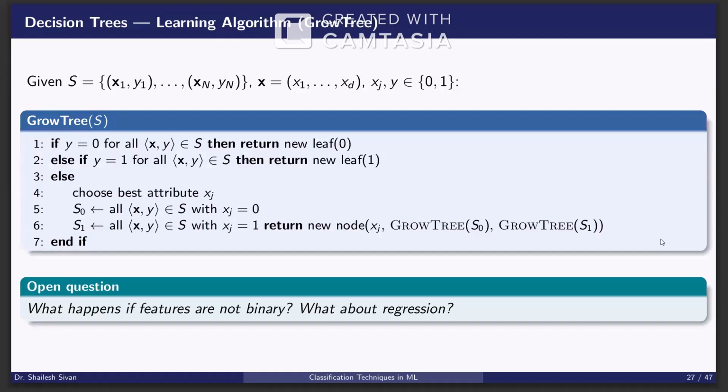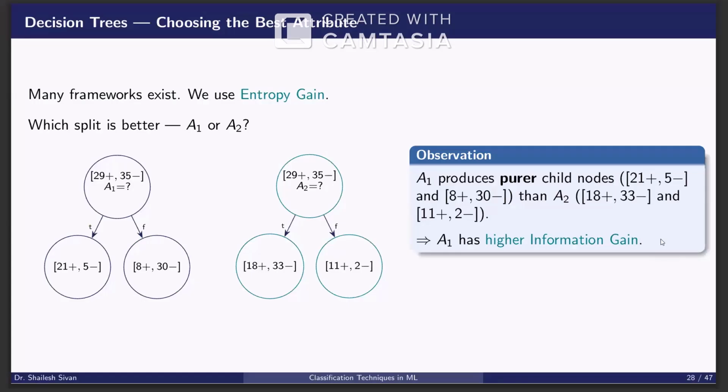Usually we will go with a particular thing called information gain. Entropy is a measure and information gain is another measure, and the one having high information gain is chosen as the most important feature.